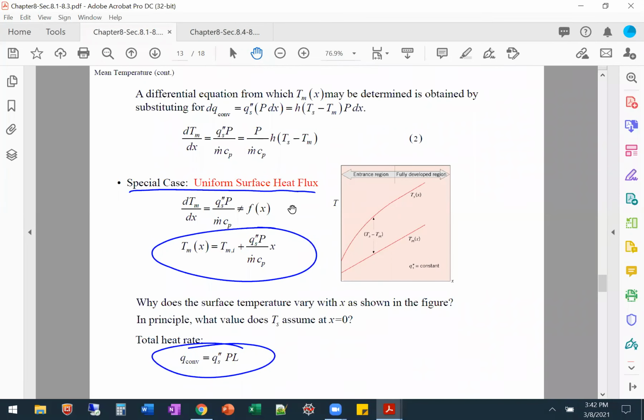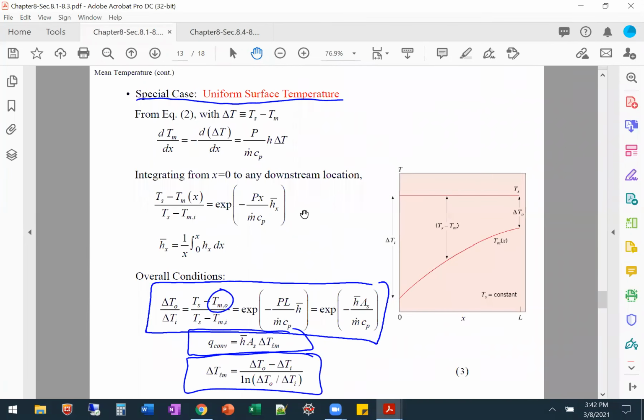All right, so here's uniform surface heat flux. We don't have that one. We have the uniform surface temperature. We developed this equation in the lecture last time, to get the outlet temperature. We're given the surface temperature and inlet, and we can utilize surface area from geometry. We still have to get the average convection coefficient.